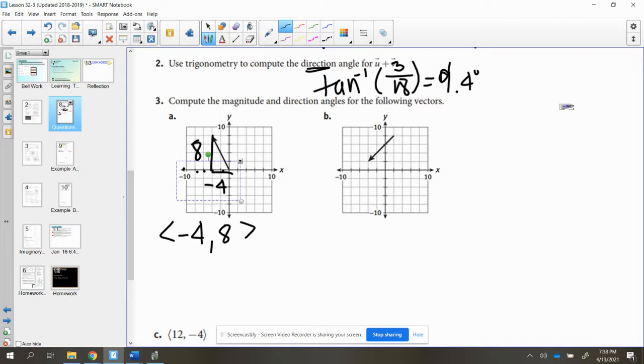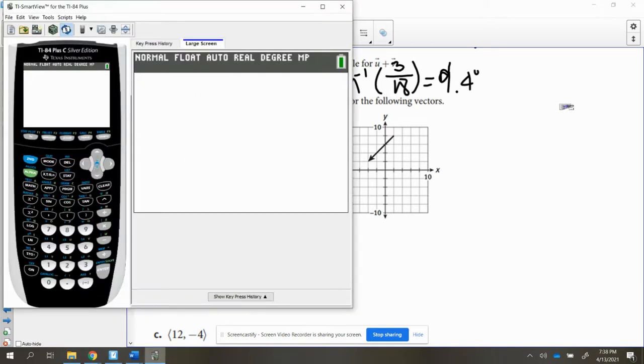Now, in order to find the magnitude, your magnitude is always going to be found by taking that square root. A reminder: when you're typing, be careful that you are properly squaring these values, typing them in with parentheses so that the order of operations is correct if there's a negative value. So we get about 8.9 there.